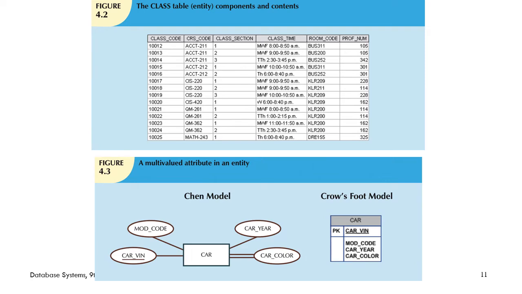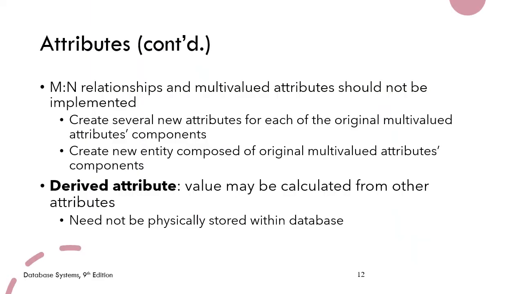Next, the example just now was multi-valued attributes. Many-to-many relationships and multi-valued attributes should not be implemented. If we have this situation, we need to do something, which falls under normalization later on.